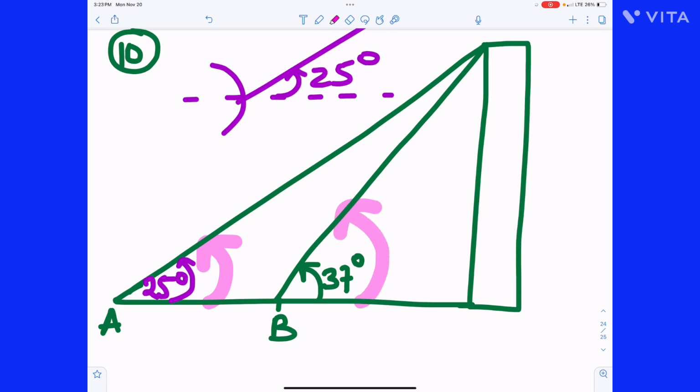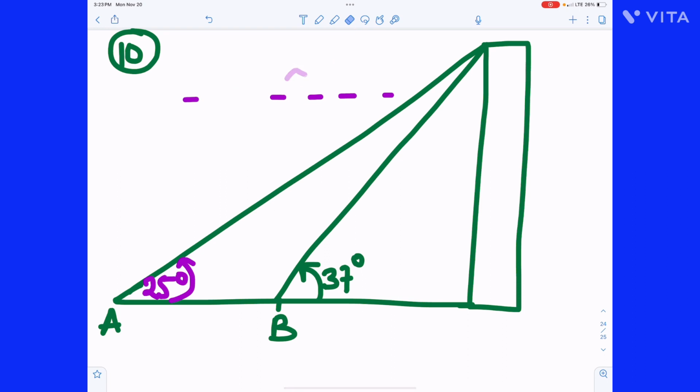Now, if we have another point, let's say point C, which requires an angle of elevation of maybe 75 degrees, C will be put in a place like this. Because for you to need to look up more, it means you are getting closer to the building. So don't let that confuse you. That's what tells us which one to put far away and which one to put closer to the building.